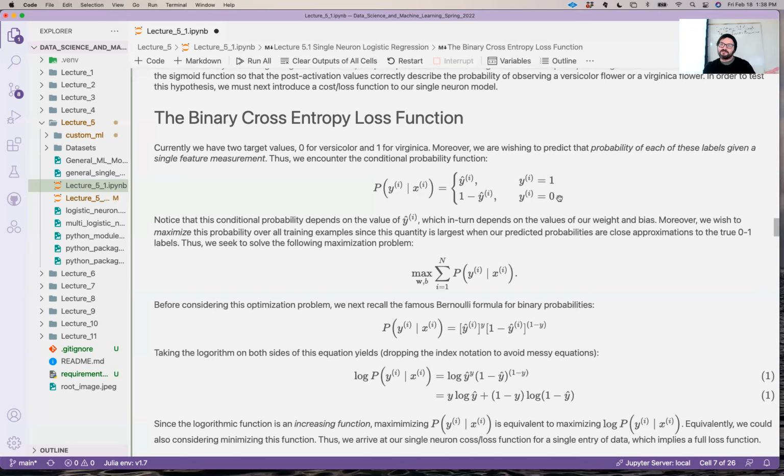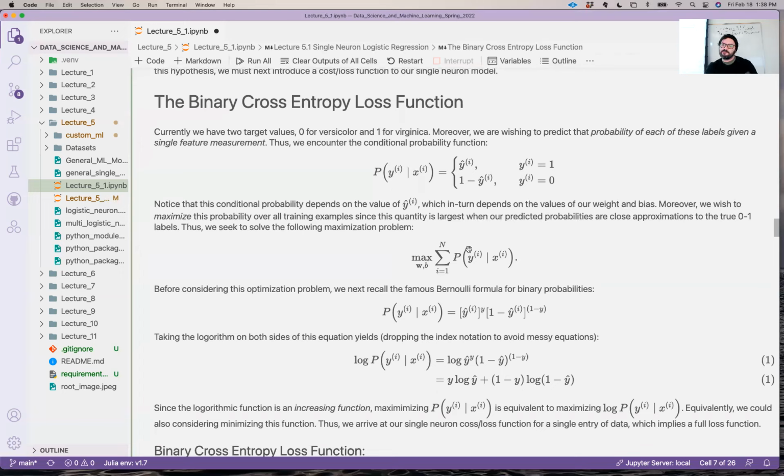And if our model is bad still, and we observe a training instance with label 0, then y hat would be close to 1, and then this value 1 minus y hat would be small. So if our model is bad, we're summing a lot of things that are close to 0 over all the training examples. If our model is good, we're summing things that are close to 1. So it makes sense that we would want to find W and B that maximize this conditional probability.